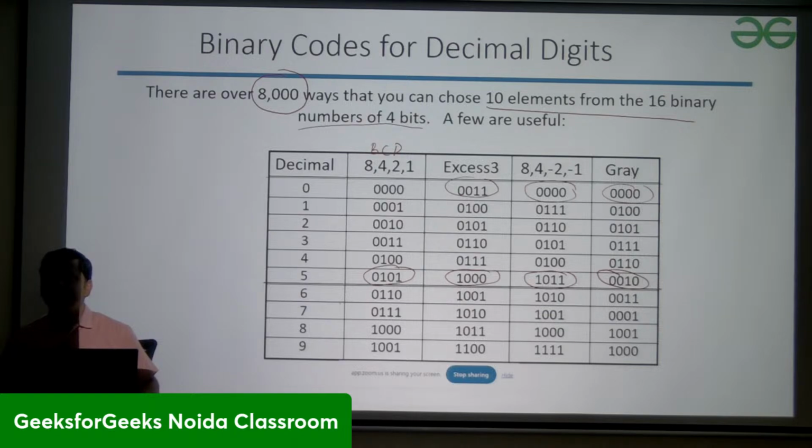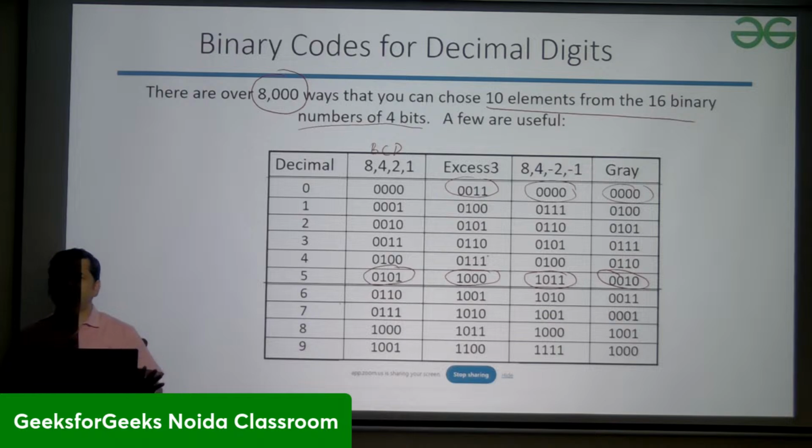You may have the ASCII code, you may have Unicode, you may have other variants, EBCDIC and so on, Extended Binary Coded Decimal Interchange Code. You must have studied this in your very foundational course of information technology. 7-bit binary representation, 8-bit binary representation, 4-bit binary representation.